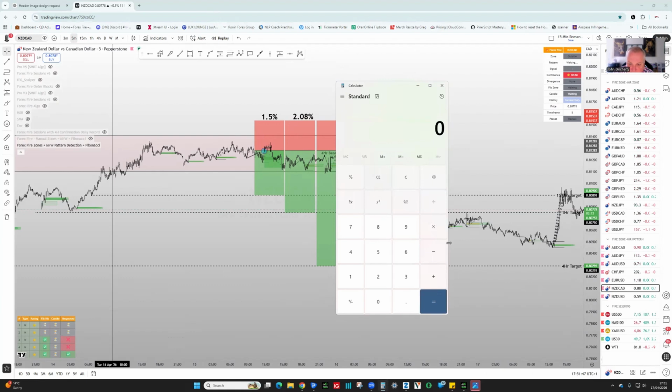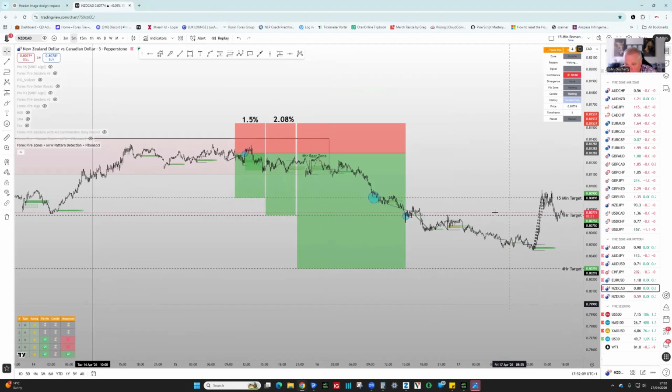So we'll get this correct, -3.2. So again, we're going to go plus the 1.5. That gives us the -1.7 plus the 2.08. That's putting us in just into profit, okay, at the moment.